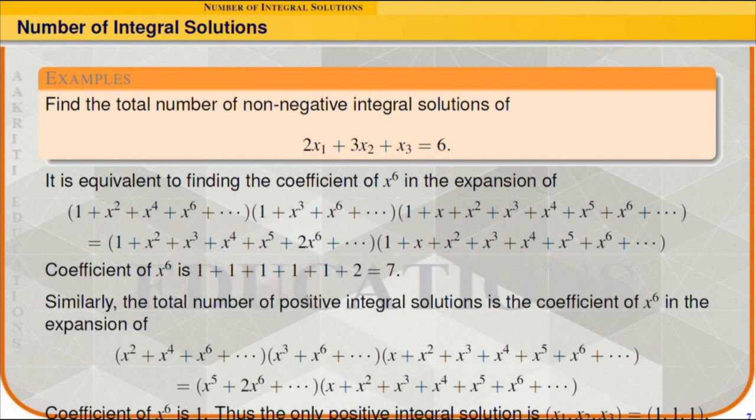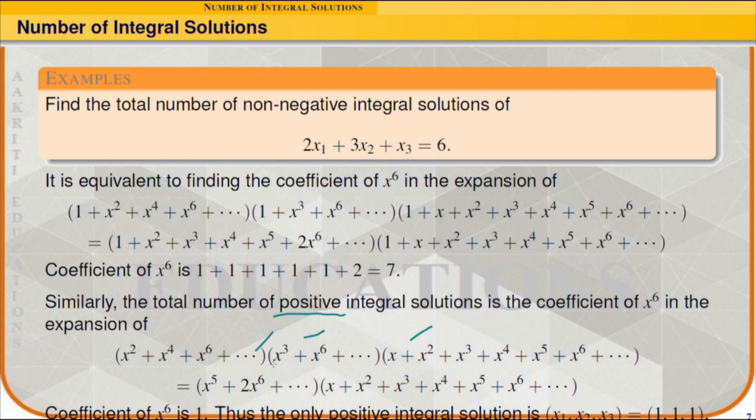Similarly, if we need to find only the positive integral solutions, there will be a slight modification in the expansion. For the first variable x1, it will be x square plus x raised to the power 4 and so on. For the second variable, it will be x cube plus x6 and so on, and for the third variable it will be x plus x square plus x cube and so on.